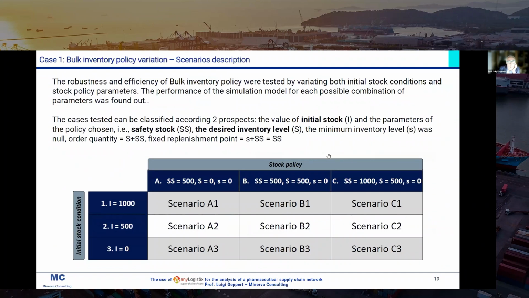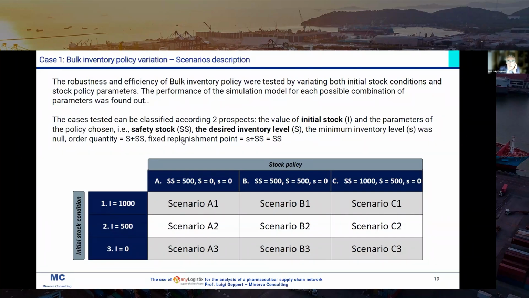So in this case, we consider 9 scenarios by changing parameters. Let me say, first of all, that we use a reorder point-based inventory policy, and that is well feasible through anyLogistix.